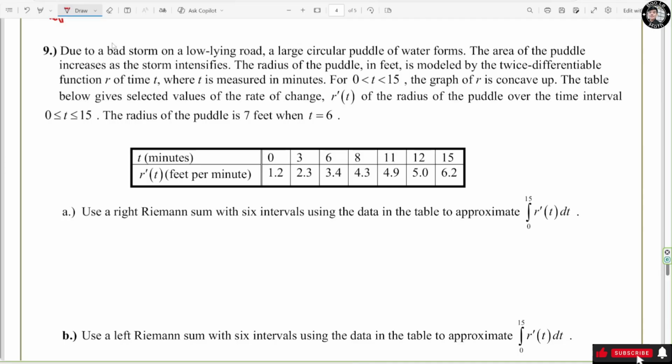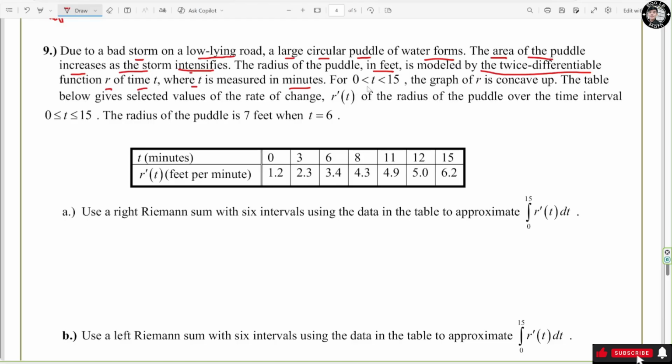Now let's move on to question 9. Due to a bad storm on a low-lying road, a large circular puddle of water forms. The area of the puddle increases as the storm intensifies. The radius of the puddle in feet is modeled by the twice differentiable function R of t, where t is measured in minutes.